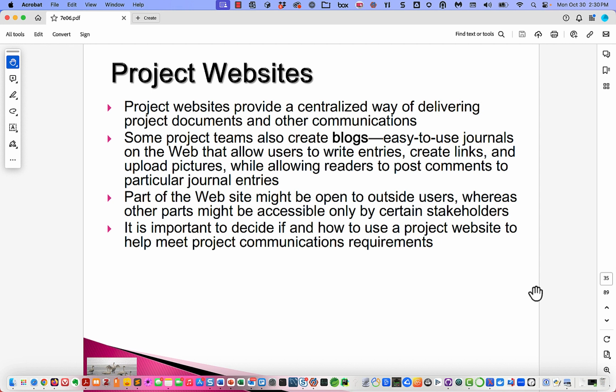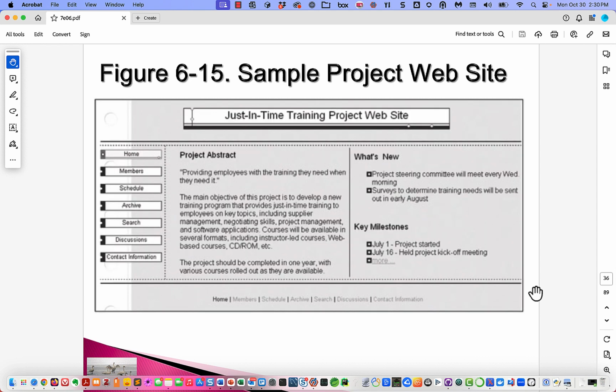In fact, at the iSchool at Illinois for many, many years, every project team had a wiki. Now I'm thinking we've probably moved people over to SharePoint or Teams or both, but wikis were big for this. And really, any kind of content management system will do the trick. Okay, so here's a sample project website. I'll leave you to look at that.